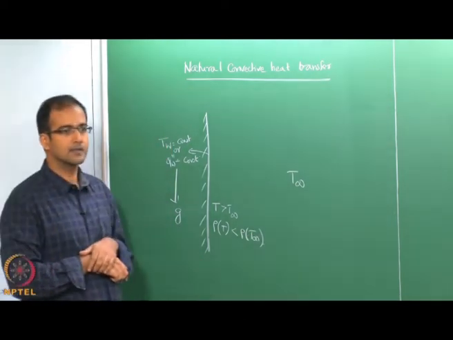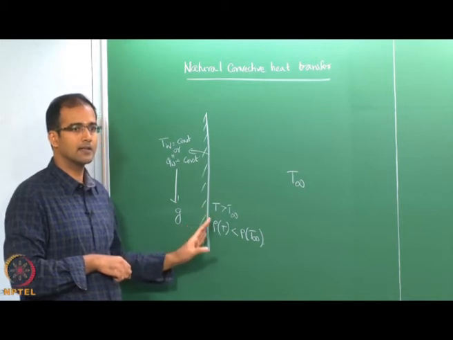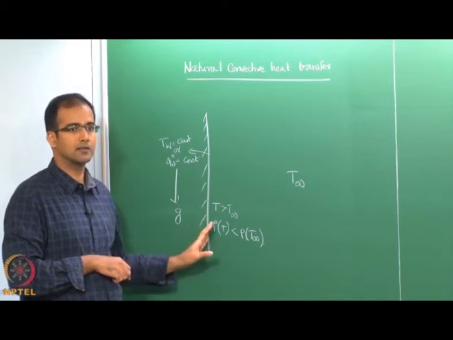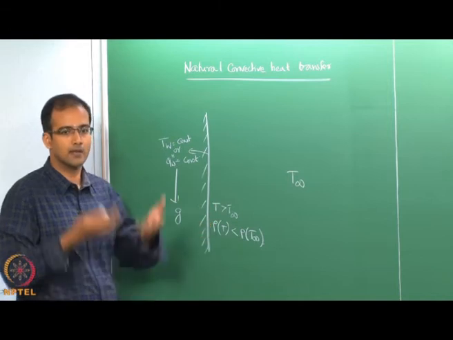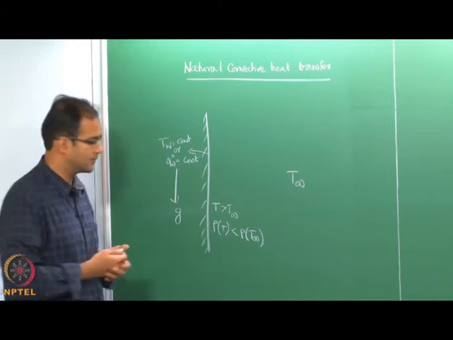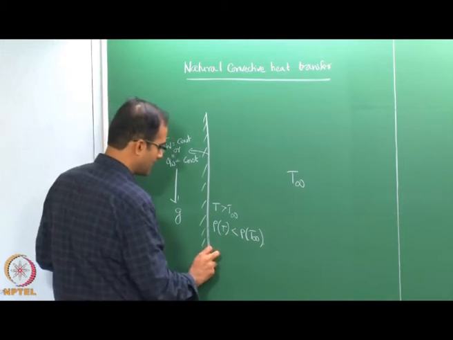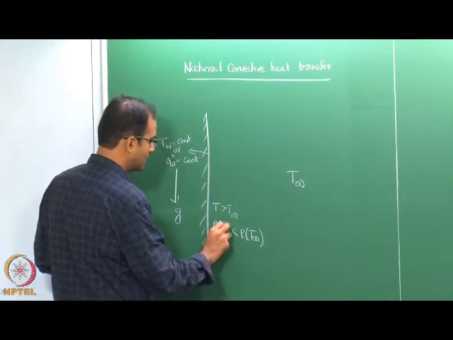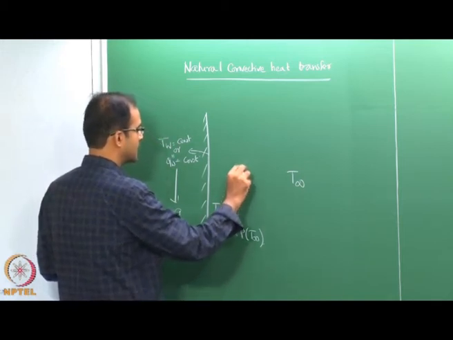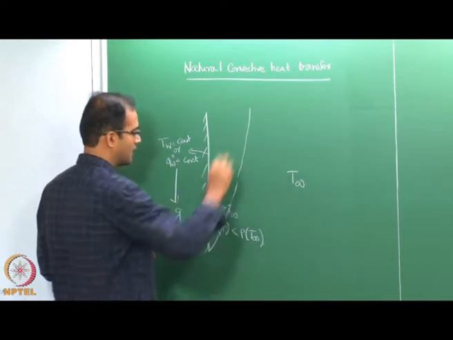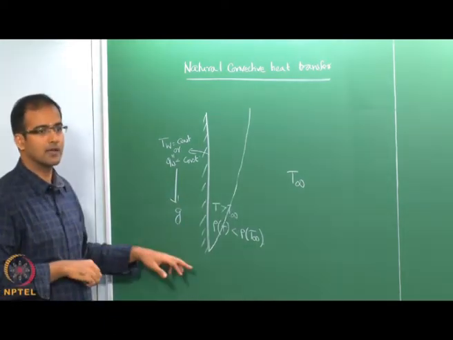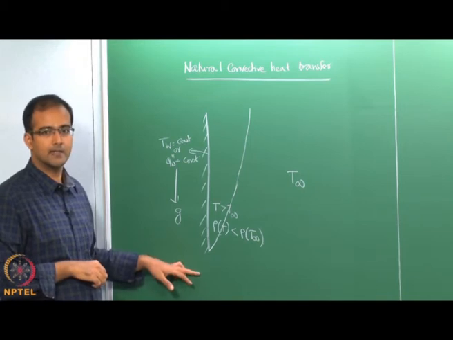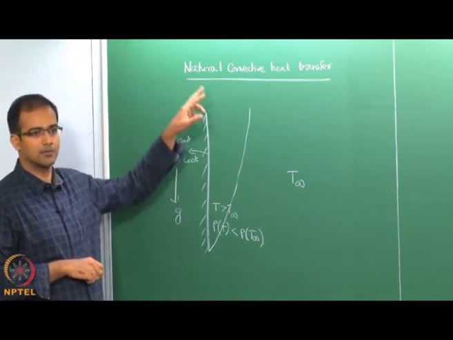That means you have a lower density air close to the hot surface. Now, the tendency of the lower density air is to naturally rise up, right. So, over a period of time you will see visually a boundary layer which is forming and growing from the leading edge. The leading edge here is actually the bottom of the plate, all the way up.